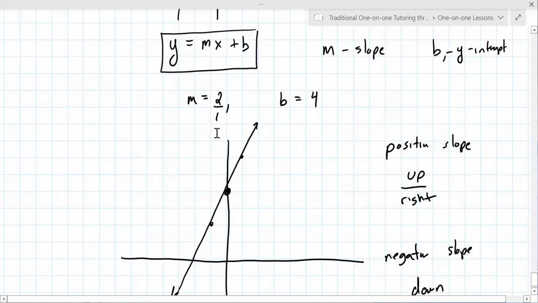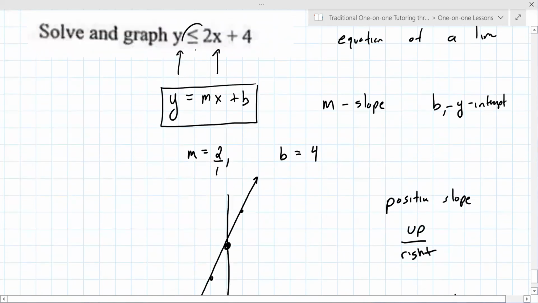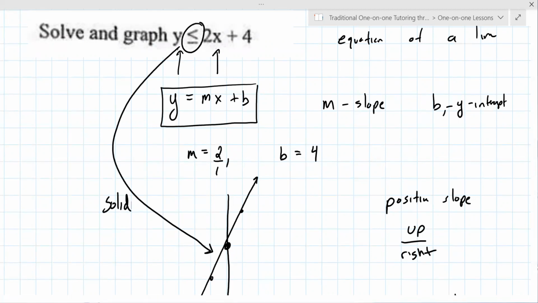Now, why is it a solid line? Because it's equal to. Exactly. If it were a less than, it would be a dashed line. I don't know if you still have your exam up in front of you, the page with 15, I guess it's 15. I don't know if I said 18.